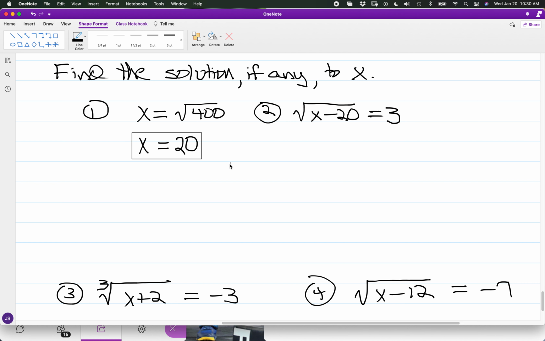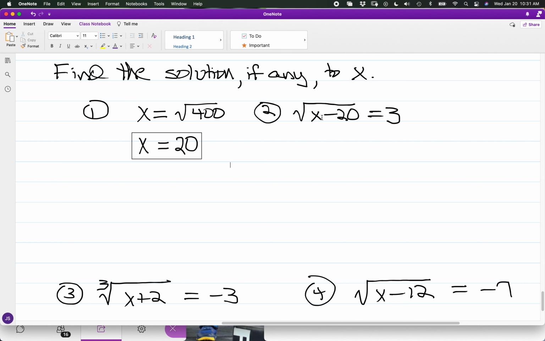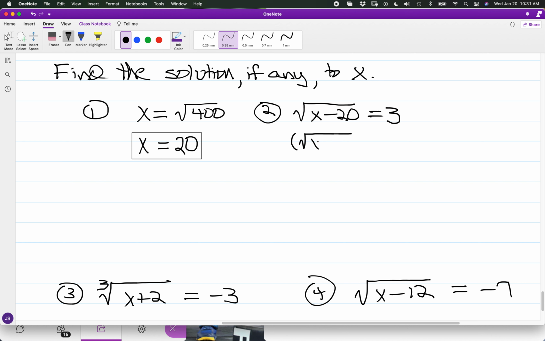And we have for the next, okay, now we have the square root of x minus 20 is equal to 3. So you have an even root expression equal to a positive constant. So this setup is in compliance with the principal square root rule. So we can proceed in taking what we have in this equation and squaring both sides.